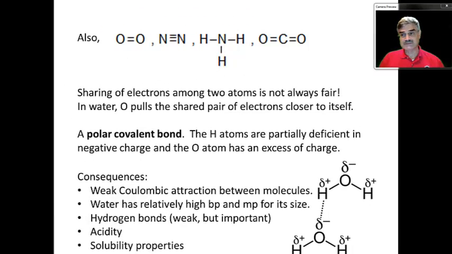A consequence of this is that water tends to be more stable in its liquid state and in its solid state than other molecules of its size, meaning that water has a relatively high boiling point and freezing point, or melting point. MP is for melting point, for its size, because it forms these hydrogen bonds between individual water molecules. Or in other words, water is a very stable condensed phase of matter for a molecule of its size.